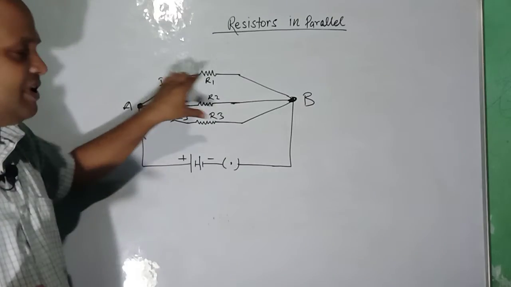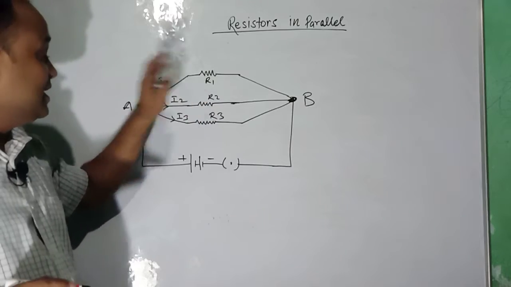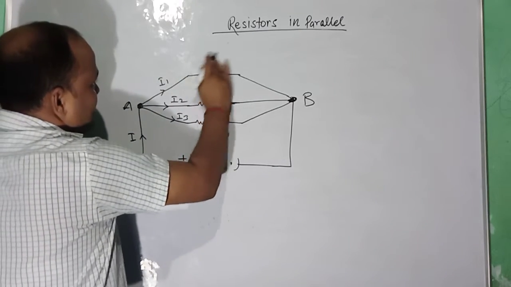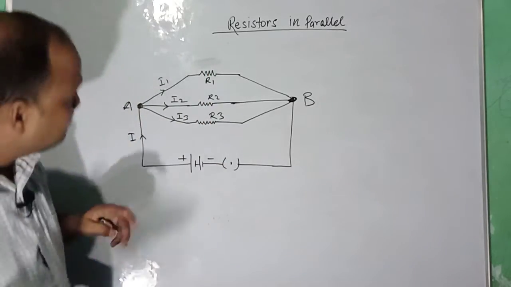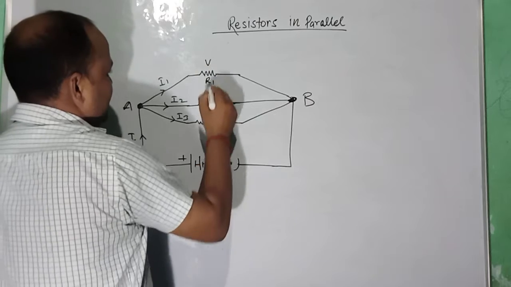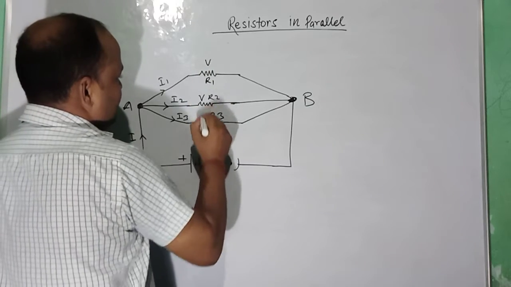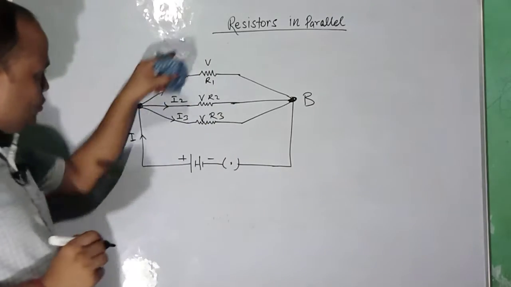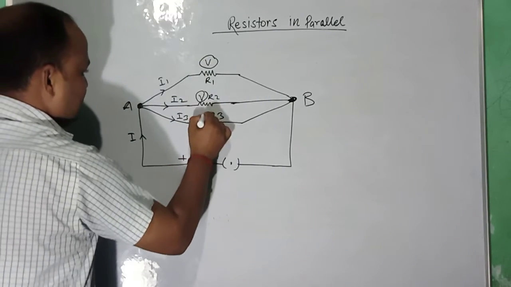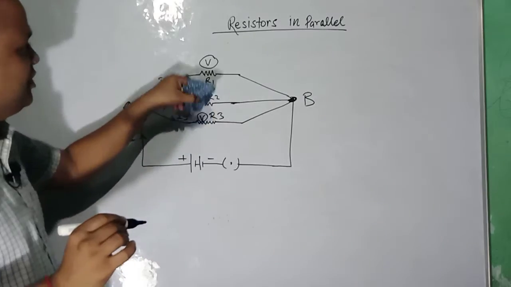This I gets divided into these three resistors, but the voltage on each resistor is found the same: V, here also V, here also V. So on each resistor the voltage is the same, that is V, V, V.